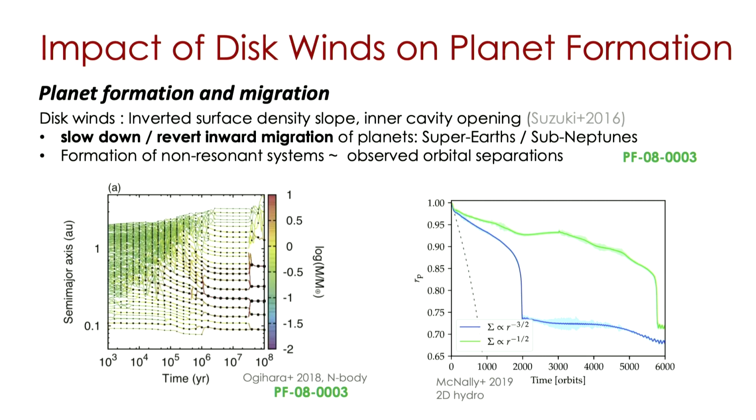This is a poster and paper by Ogihara with N-body simulations where you can see these different embryos interacting and merging together. And it also leads to the formation of non-resonant systems, which can reproduce the observed orbital separations better than when you have rapid inward migration.